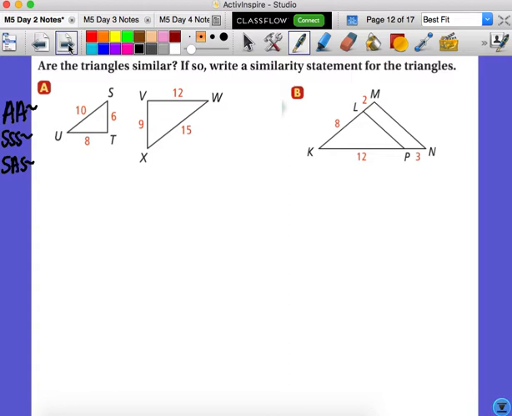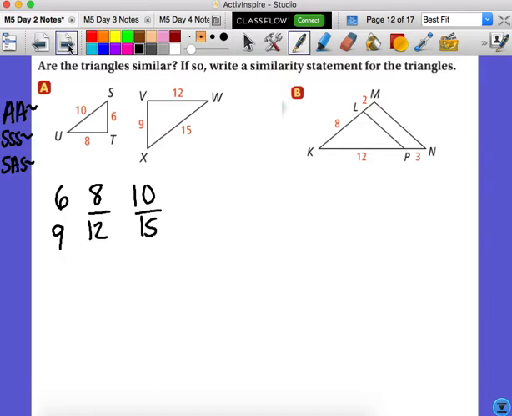So in the first picture, there's nothing that's stated about angles, but I do know all 3 pairs of sides. So if it's any of these, it's going to be side, side, side, but I can't just assume that. I have to verify it. So for the one on the left, I've got 6, 8, and 10 as my 3 side lengths, smallest to largest. And then I have 9, 12, and 15.